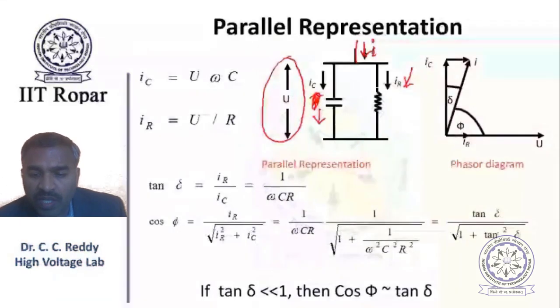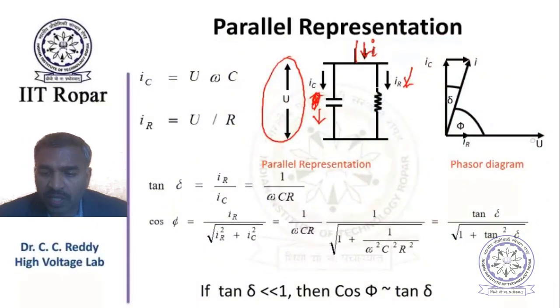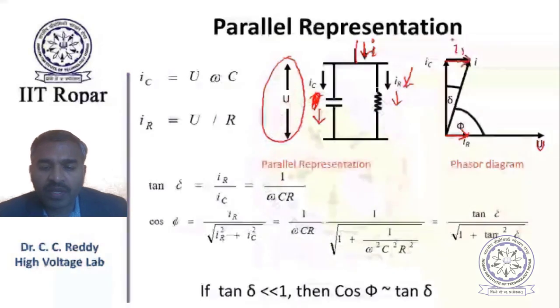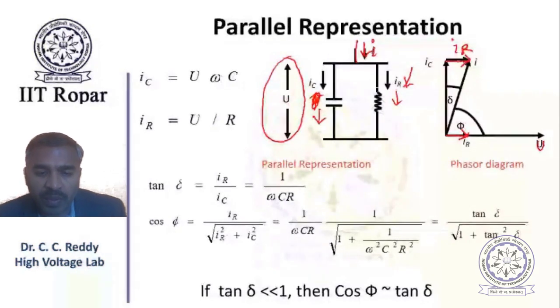If you start with applied voltage U, then the current through the resistor is in phase with it, so the current is indicated like this, I subscript R. Now, what is the capacitive current?